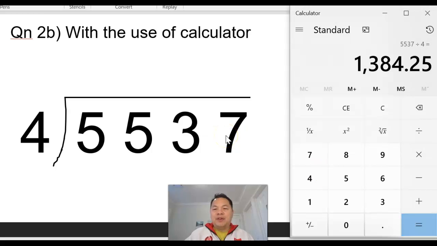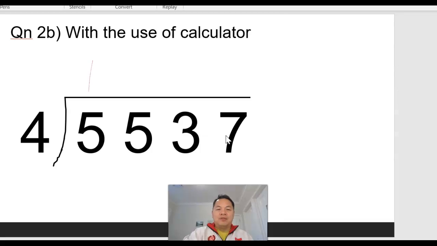So it's 1,384 remainder 1/4. Or you can present it as 0.25, which is 1,384.25.